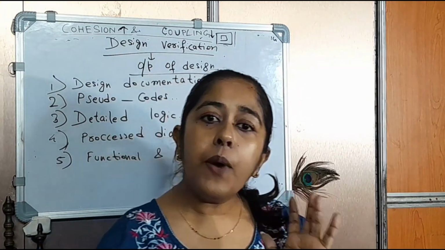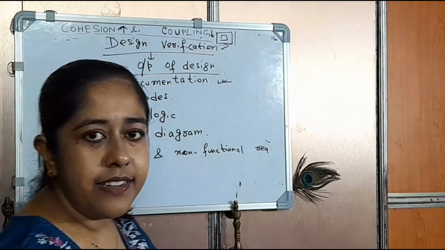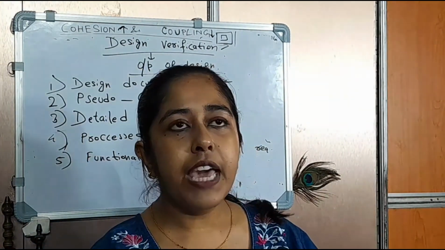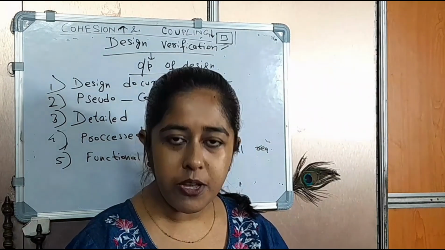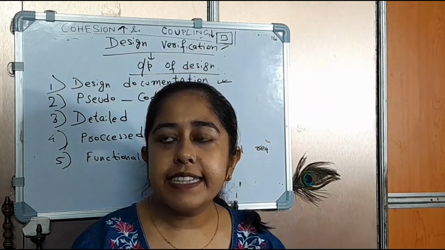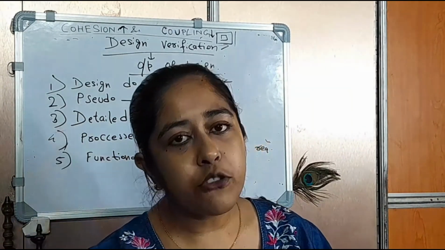Done. So what we have to see, you can easily verify your design. After we have seen in our SDLC models, there were some models where after designing, like in the prototyping model, we were designing the prototype and giving that to the customer.